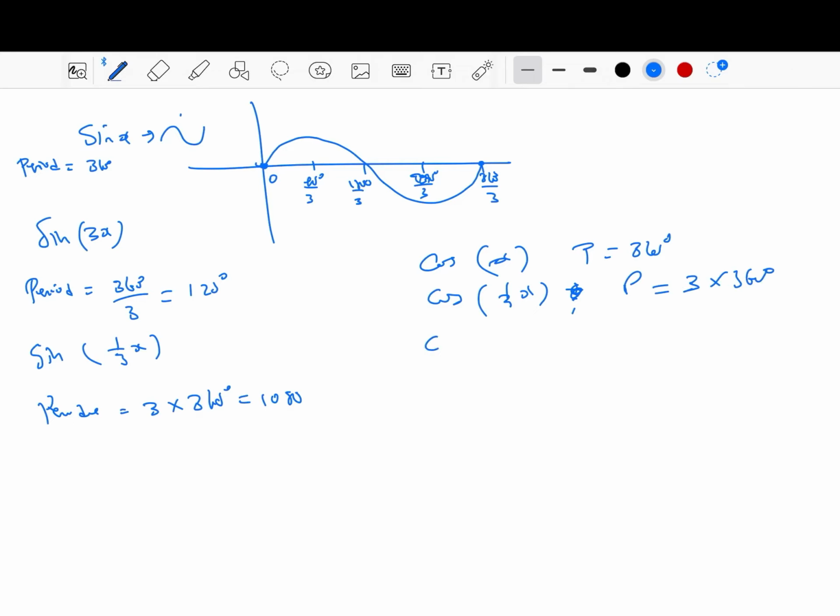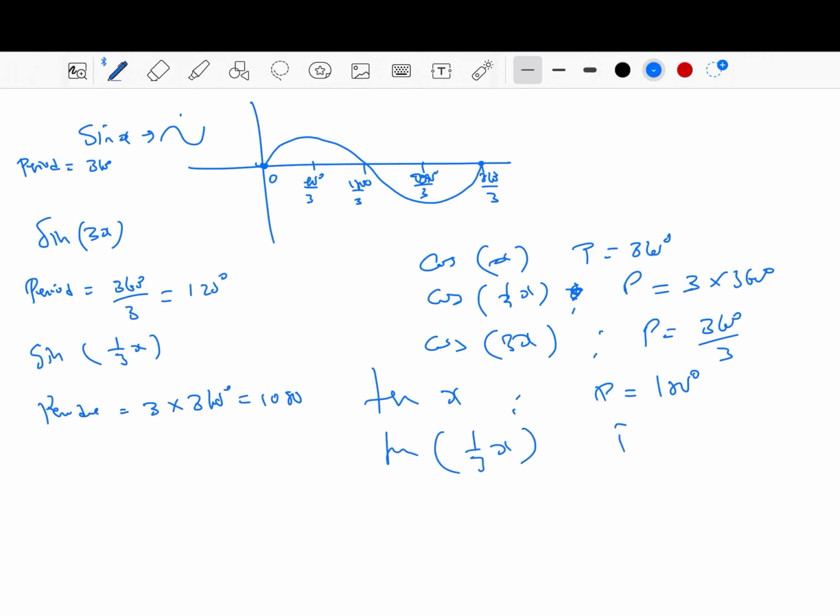If it's cos 3x, the period is 360 degrees divided by 3. Now if it's tan x, the period of tan x is 180 degrees. So if it's tan of 1 over 3x, the period is 180 degrees times 3. Tan 3x, the period is 180 degrees divided by 3. Make sense? So that's how you will calculate the period of sine, tan, and cos.